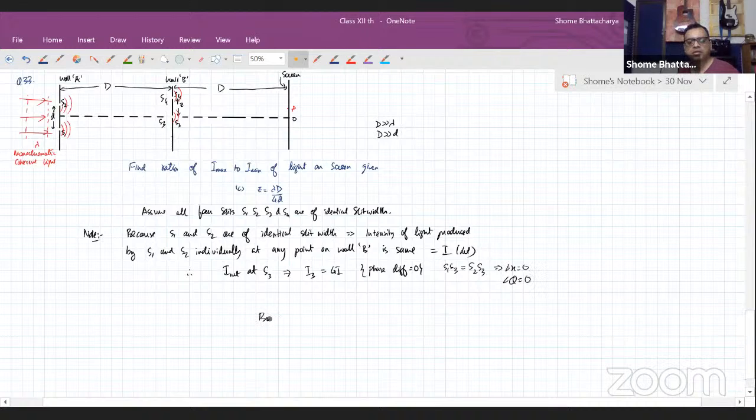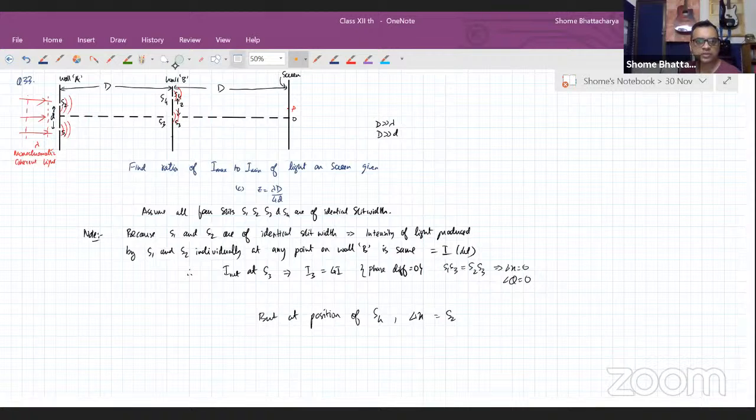But at the position of S4, what is happening? The path difference, or in my diagram I've taken S1 as the one below, so S1S4 minus S2S4. How much will this path difference be?